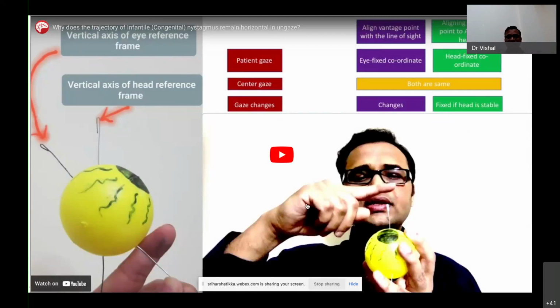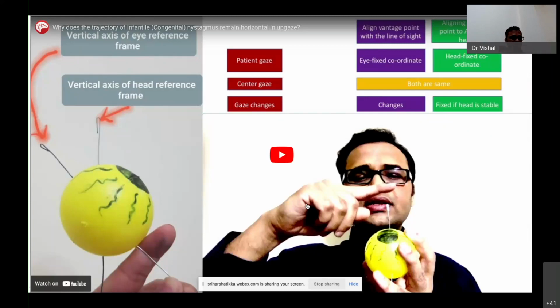It is not respecting the head reference frame. So it's very important to remember that the central varieties of nystagmus, the congenital nystagmus also, respect the eye reference frame. And the vestibular variety of nystagmus is locked to the head reference frame.